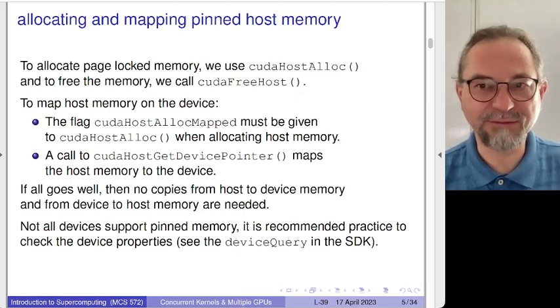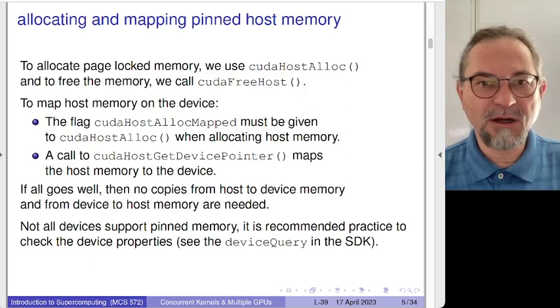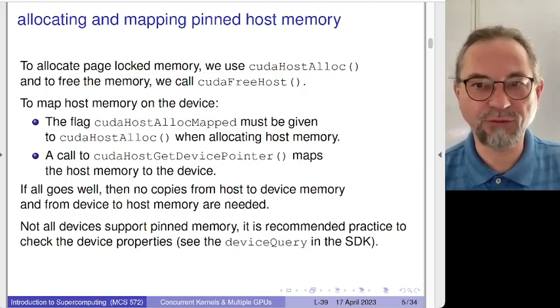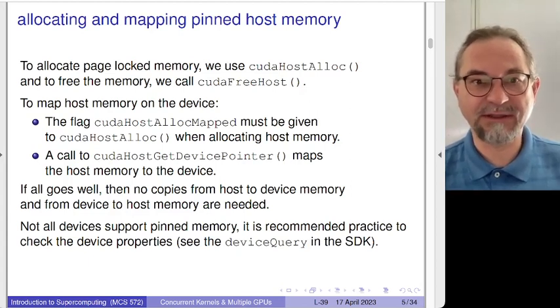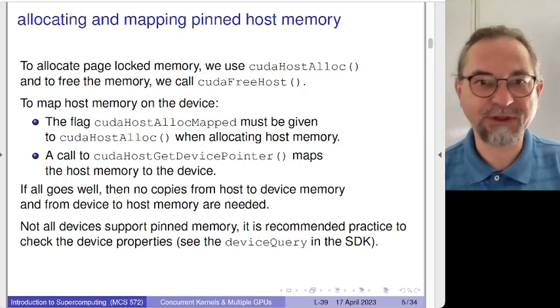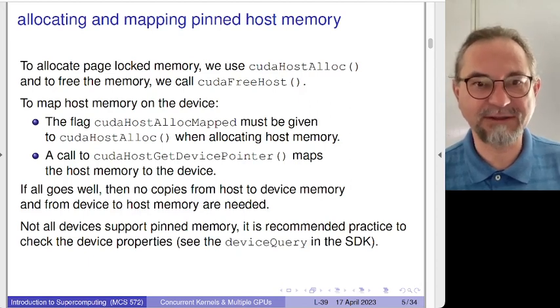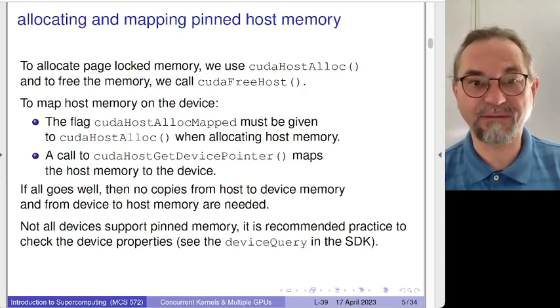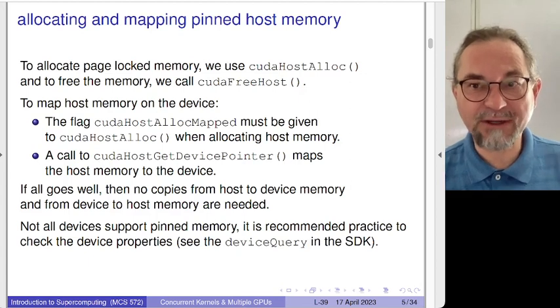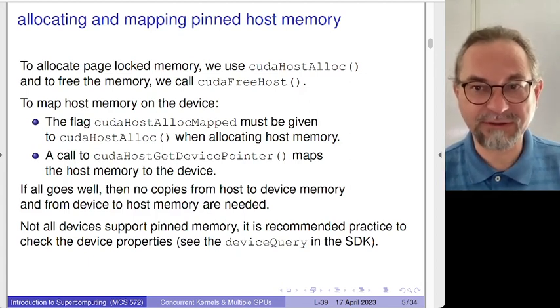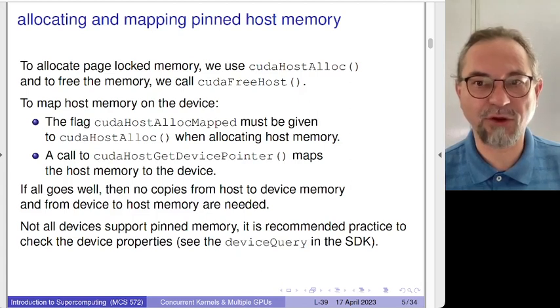Also, you have to compile it with the NVIDIA compiler. In order to map it, you have to indicate this when you allocate the memory. It is allocating memory on the device, but it's actually host memory, so it exists still twice. But the mapping is done explicitly when you do an extra call to cudaHostGetDevicePointer. In particular, I should have emphasized this also earlier.